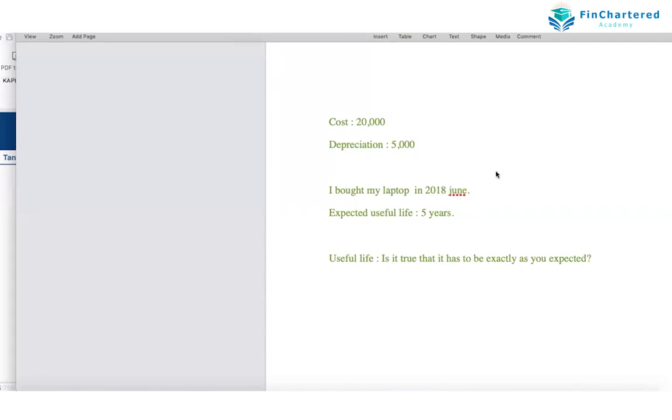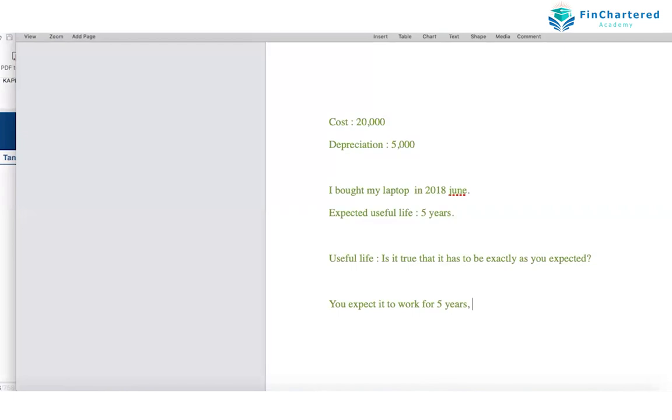See, when we use it, the expected life will reduce. But what I'm saying is, in your day-to-day life also, sometimes you'll buy a mobile, you'll think you'll use it for 3 years, but after 3 years, you realize that you can use it for another 3 years. Or maybe you buy some shoes.